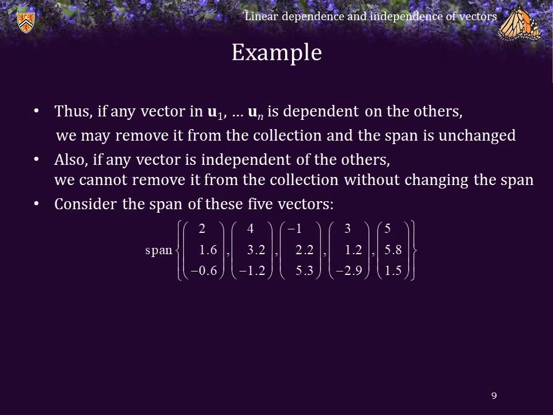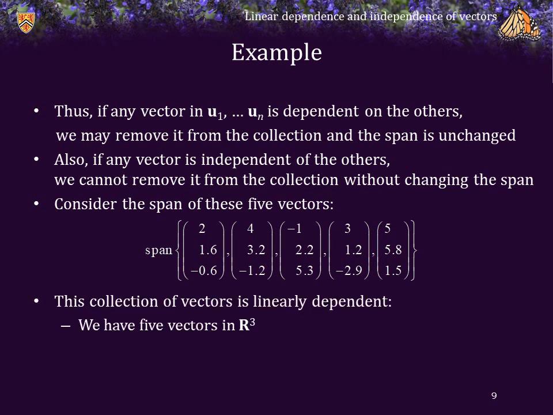So, for example, let us consider the span of these 5 vectors. Now, we immediately note that this collection must be linearly dependent. After all, we have 5 vectors in R3, and the maximum rank of the matrix that has each of these vectors as columns is 3.